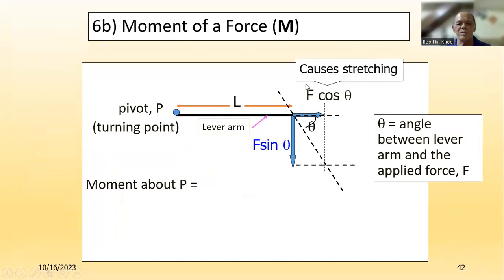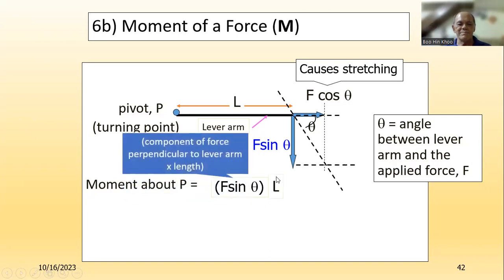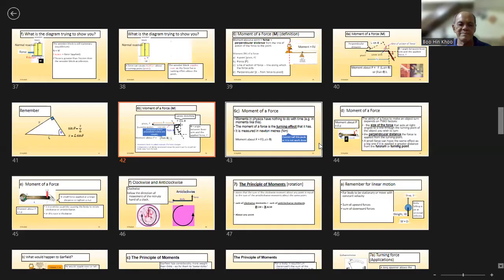This one we don't bother with because it causes stretching. You just pull it out, make the lever arm longer. So we take the perpendicular component of the force times the lever arm. Easier.